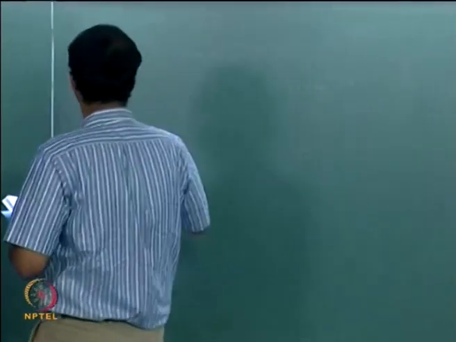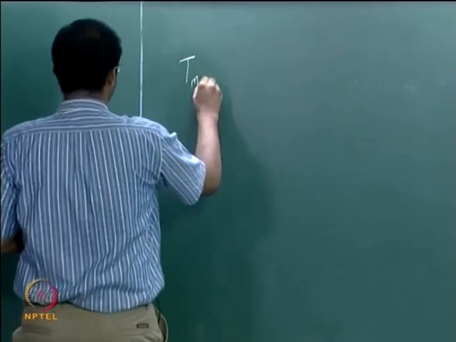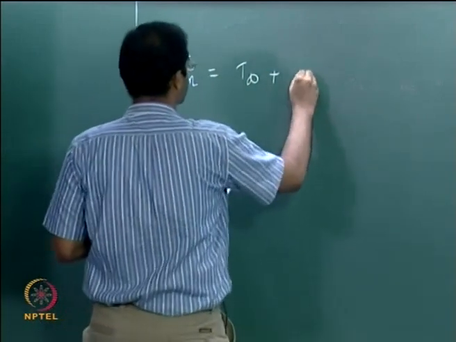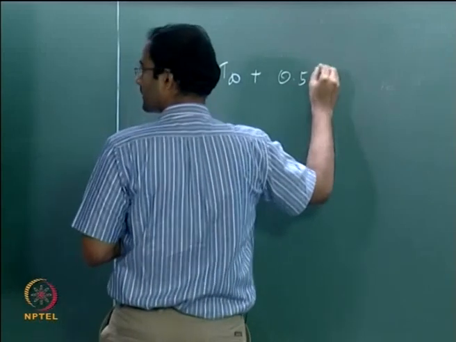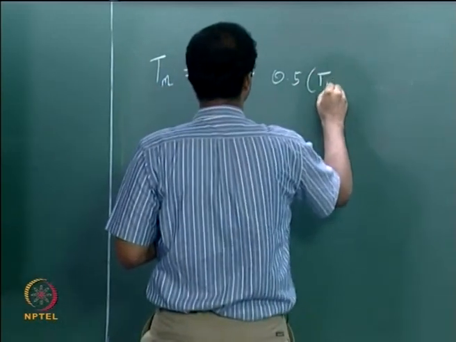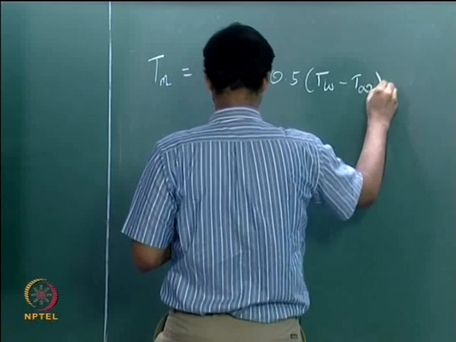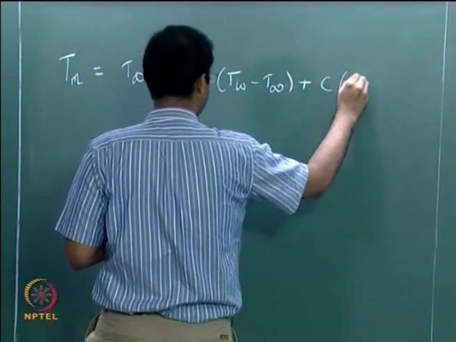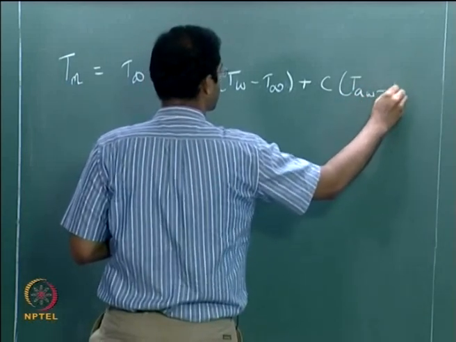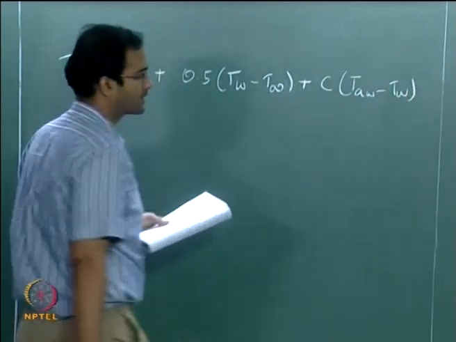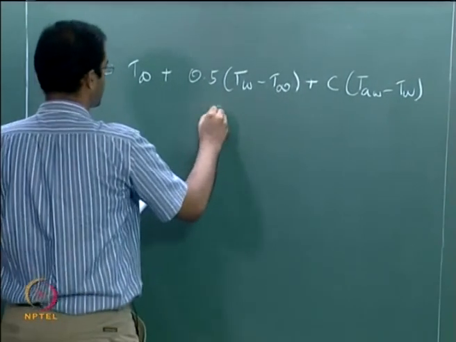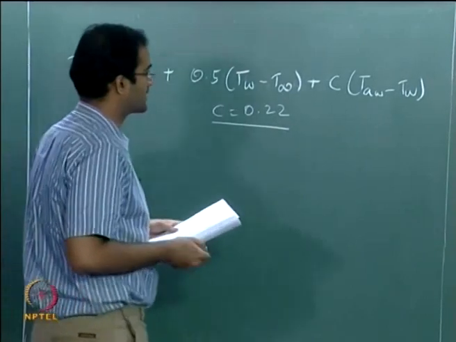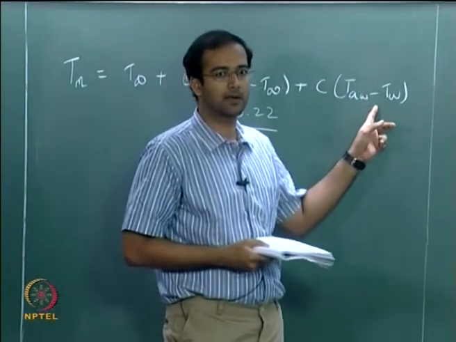The mean temperature for the high speed flows, I had told that it should be 0.5 (T wall minus T infinity) plus C into, I think it should just reverse the sign, it should be (T adiabatic wall minus T wall), where C equals 0.22. So I think I had given this as C into (T wall minus T adiabatic).